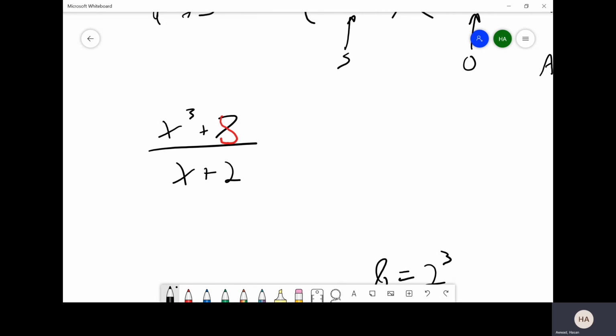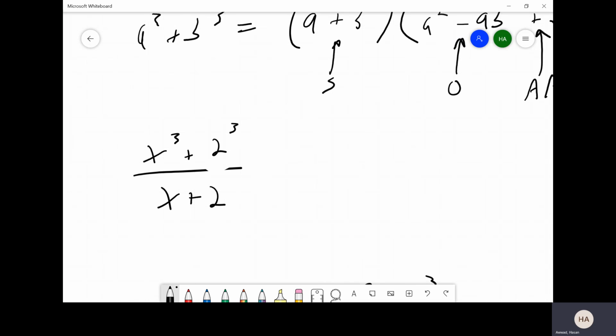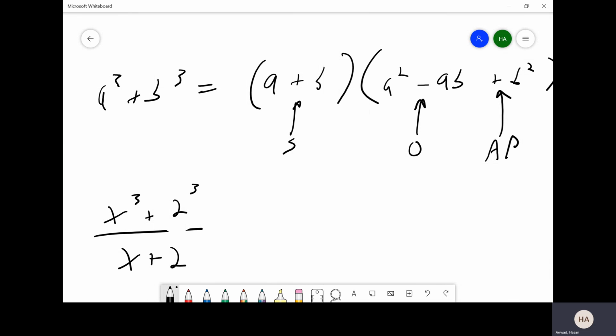So I could replace my 8 with 2 cubed, and we're going to have an x plus 2 here, and that's going to cancel with our denominator of x plus 2. So our dream here is to get an x cubed plus 8, but we're starting with x cubed plus 7. If we can get this to be an 8, then we'll be golden.